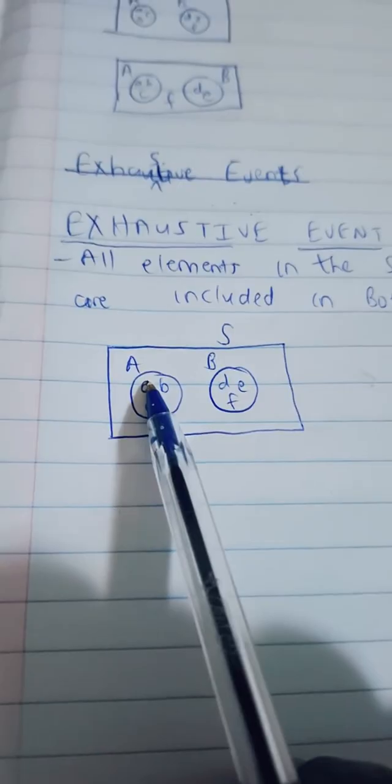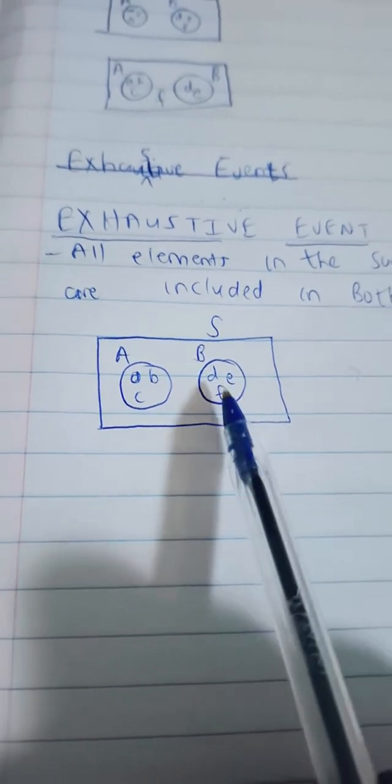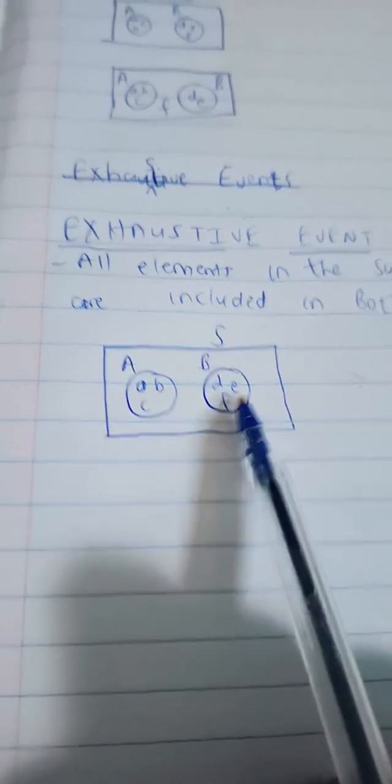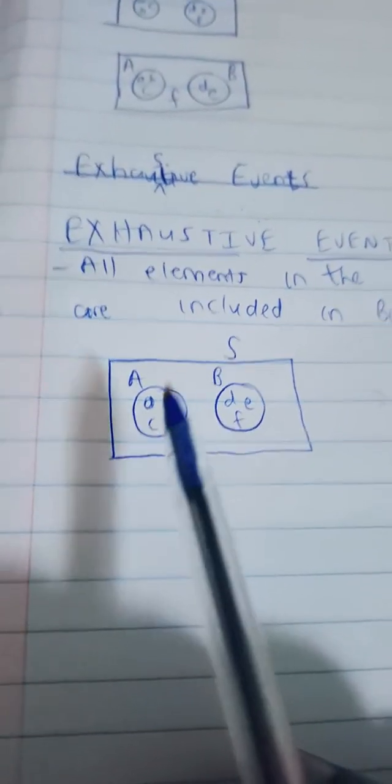We have element A, we have element B, we have element C. They're in event A. We have element D, we have element E, we have element F, they're in event B. Are there any other elements that are outside the two events? No. Are all the elements in the sample space included in both sets? Yes.